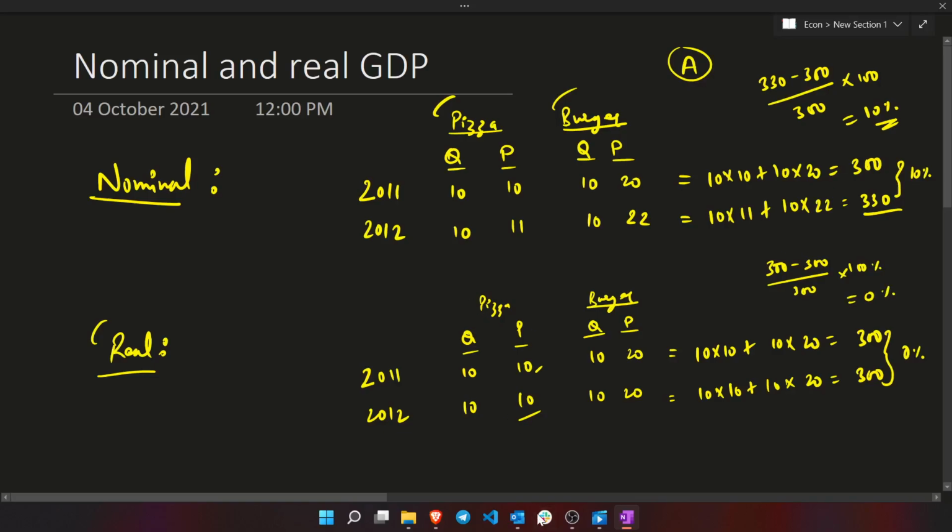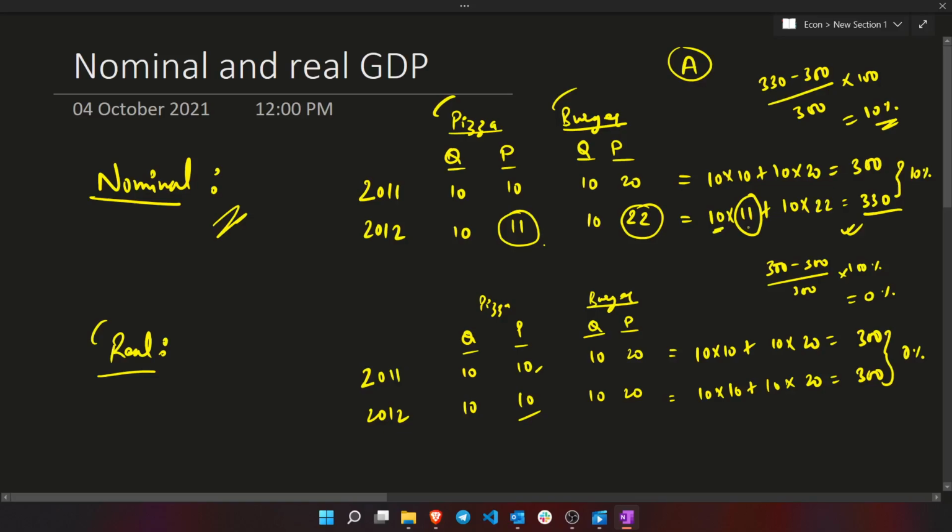So why is that happening? Because see the quantity over here. In the earlier nominal GDP, what was happening? The prices were increasing, so this basically inflated the GDP figure. Okay, so there was an upward pressure due to price. The quantity was basically the same, so there was no pressure from the quantity side.